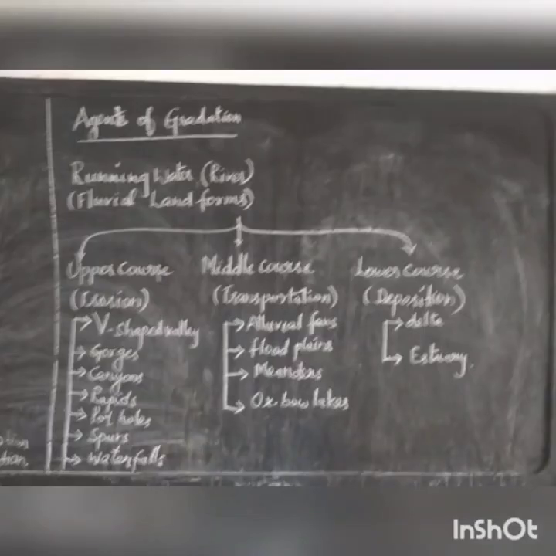Next we move on to the agents of gradation. The first one is running water, otherwise called a river. Running water comes under the category of fluvial landforms. The work of running water, rivers, is the most extensive among all the agents of gradation. What are the agents of gradation? The agents of gradation are rivers, groundwater, winds, glaciers and sea waves. Of these, the most extensive come under the category of rivers.